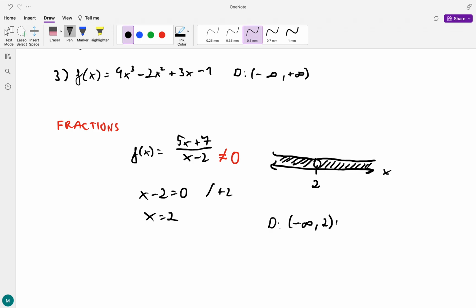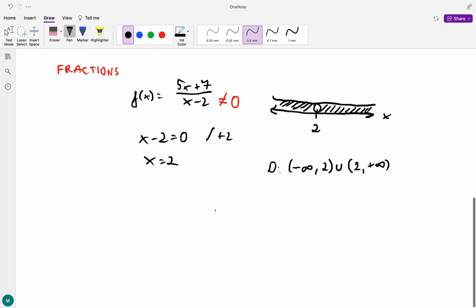Then we're going to use a union sign, indicating that this part is the domain and another part from 2 to positive infinity is also a part of this function.